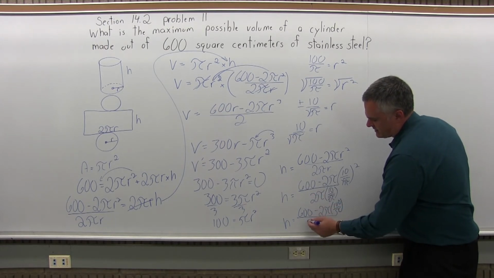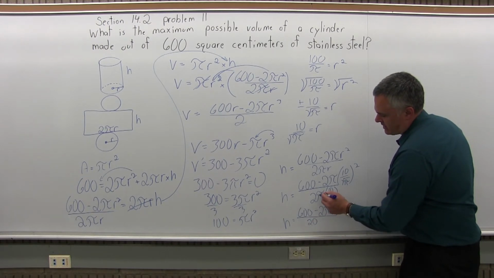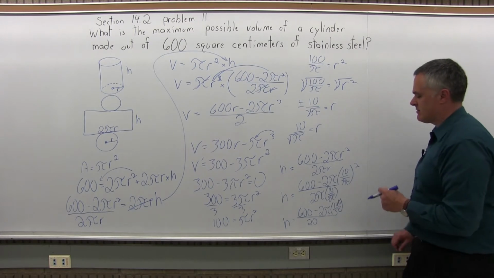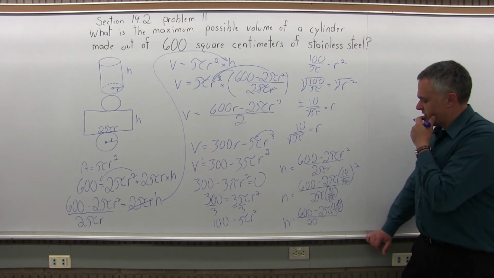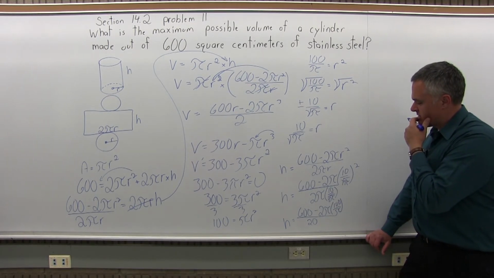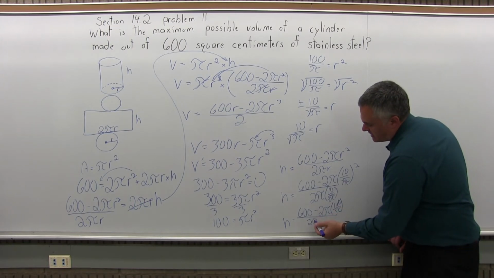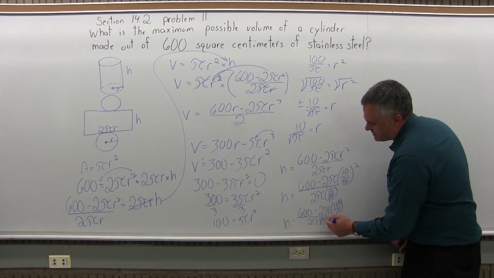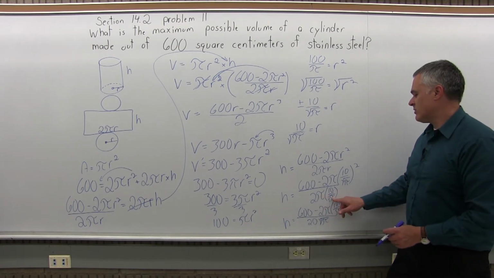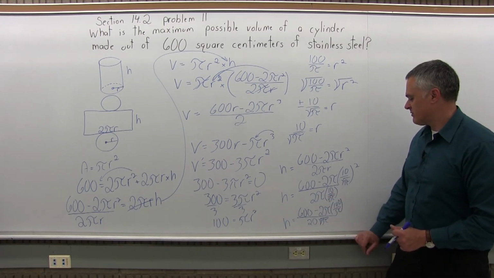So the 2 times 10 will be 20, and pi over square root of pi, let's see, how do I want to write that? So that's square root of pi, you could think of it that way, 20 square root pi. Because the pi in the numerator will reduce this down to a square root of pi, and this can be simplified.